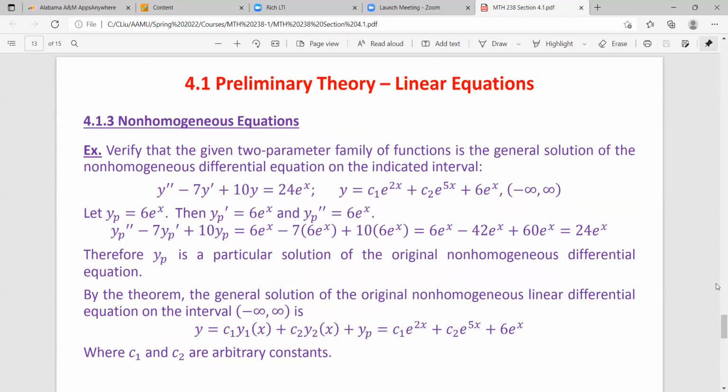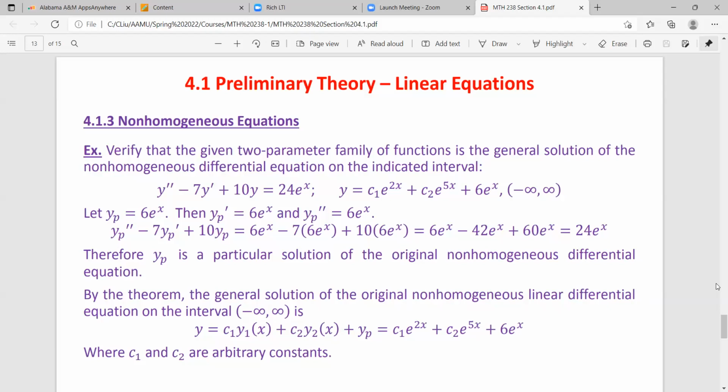So, for example, if you plug in e to the 2x into the left-hand side of the equation, you take the second derivative of the function, minus 7 times the first derivative of e to 2x, plus 10 times e to 2x. And that should give you 0. I think we did it last time actually. And similarly, plug in e to 5x into the left side, and you're going to get 0 also.